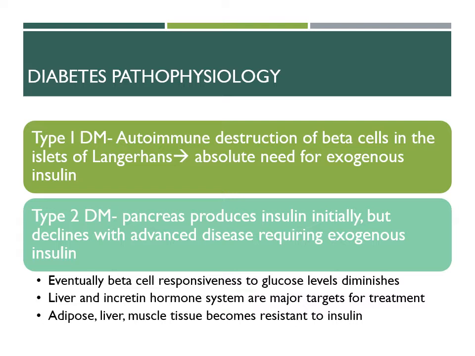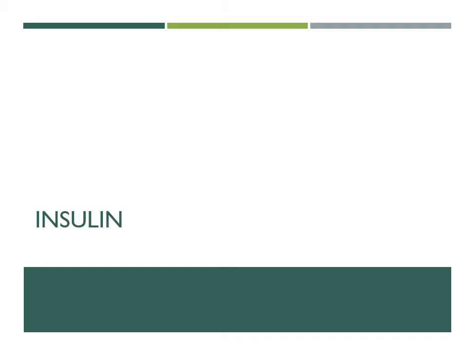So eventually the beta cell responsiveness to glucose level declines, and the liver and incretin hormone system, which we'll talk about a bit later, are the major targets for treatment. And then, as I said in the previous slide, adipose, liver, and muscle tissue becomes resistant to insulin. So we have multiple issues going on. We'll start by talking about insulin.